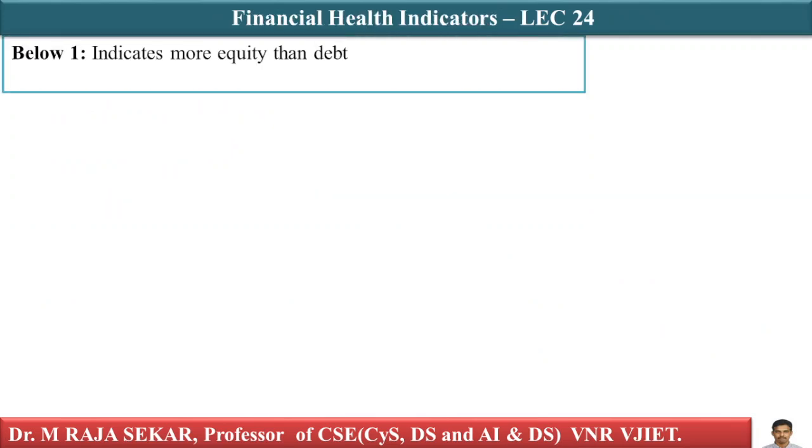Financial health indicators: below one indicates more equity than debt, which is generally safer, but could also suggest under leveraging. About 2 or 3 can signal higher financial risk, especially in non-capital intensive sectors, as the company may struggle to meet debt obligations.